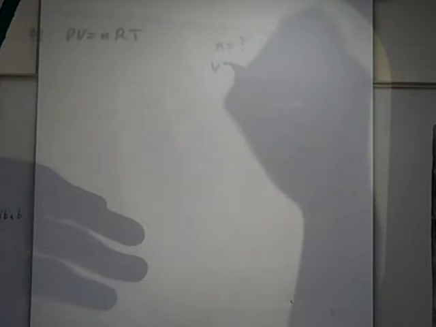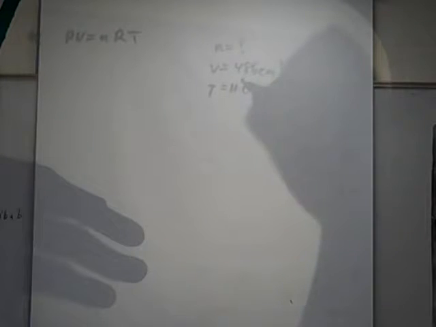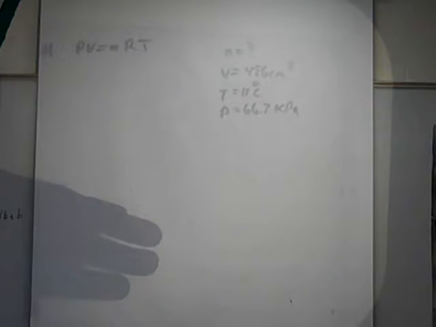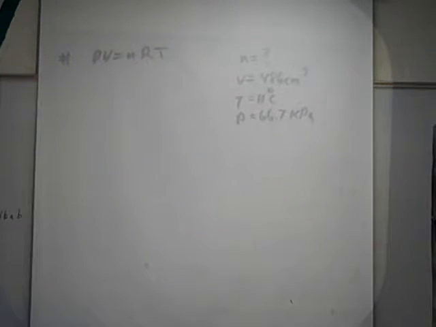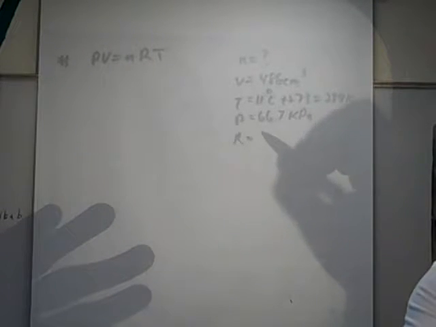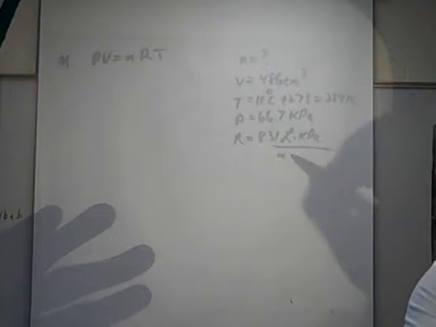They tell us my volume is 486 cubic centimeters, my temperature is 11 Celsius, and my pressure is 66.7 kPa. So right away I know I have to convert my temperature to Kelvin. R is 8.31 liters kPa per mole Kelvin.